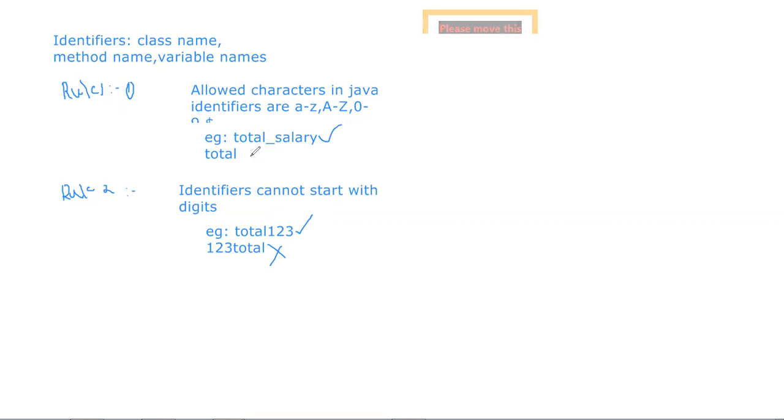But if I use total and hash, this is not allowed, as it violates the rule. Identifiers cannot start with a digit, so this is allowed, but this is not allowed.